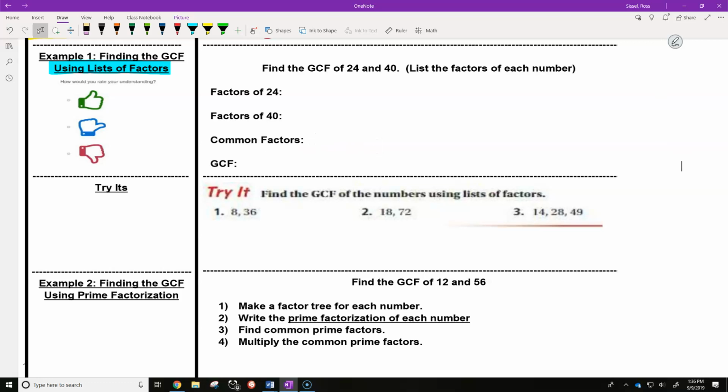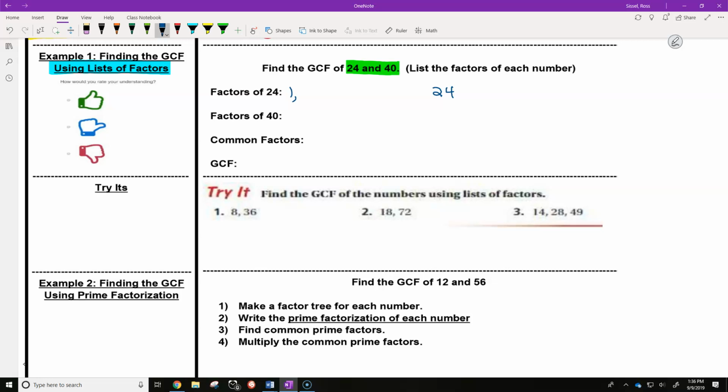Okay, here's how we do this. Since I am comparing the numbers 24 and 40, I'm trying to find the greatest common factor of these two numbers. On line 1, I write factors of 24 and I list them all, just like when we play Factorable. I would say 1 times 24, and I'm using my number line to help me identify all my factors.